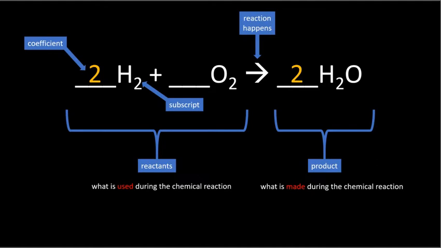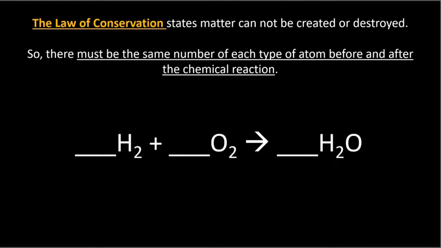Now, before we go on and actually balance chemical equations, what you need to remember is something that we call the law of conservation. This should be review, and it basically just states that matter and energy actually cannot be created or destroyed.